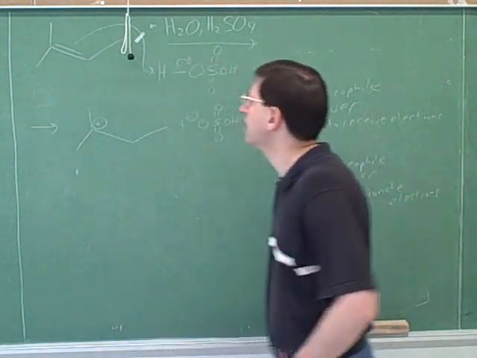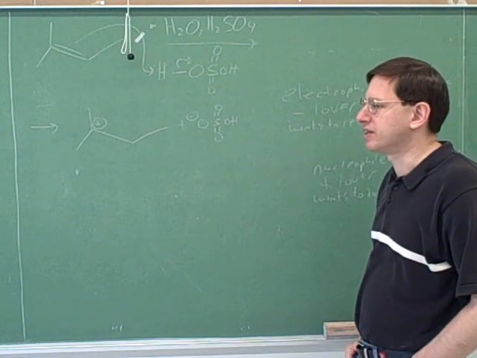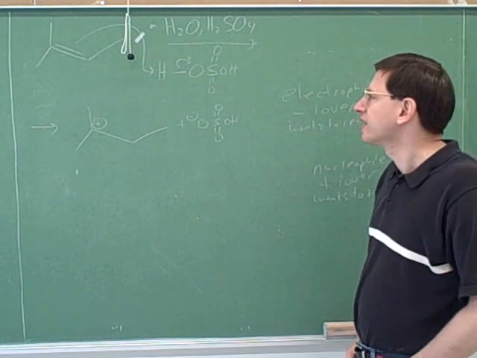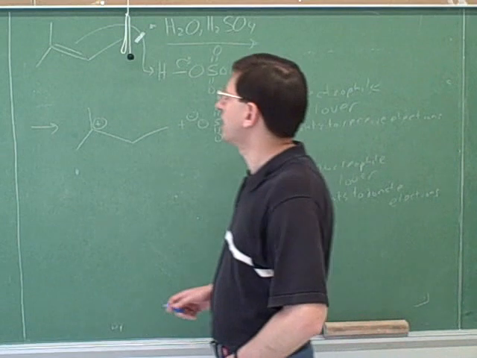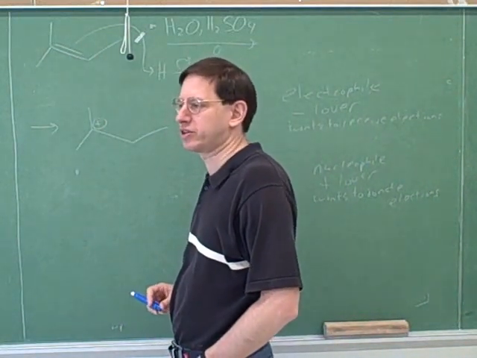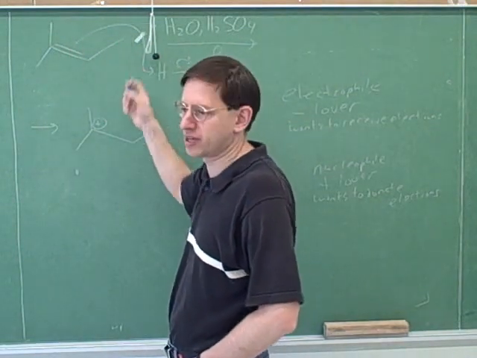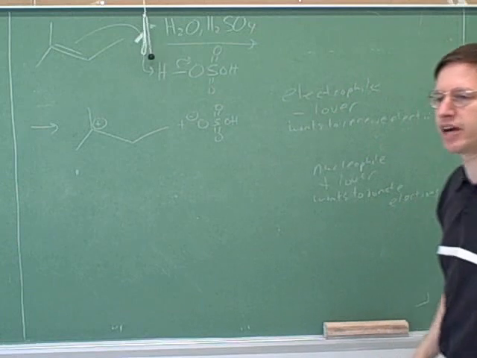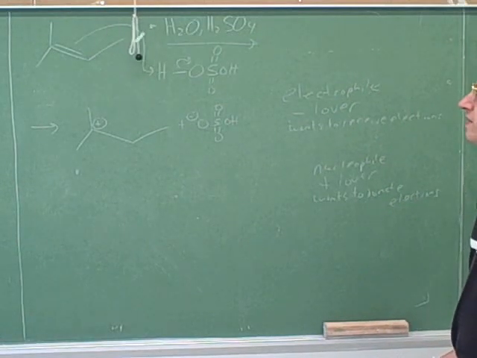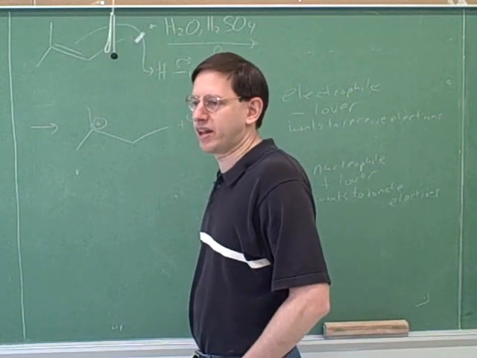We saw last time that we basically just have to memorize that carbon-carbon pi bonds are nucleophilic. The reason for that is that these pi electrons would be happier if they could become sigma electrons. Sigma electrons are more stable than pi electrons, so they want to get out of the pi bond by being donated to a sigma bond. But we can just memorize that carbon-carbon pi bonds are nucleophiles, but also that means they might be basic, because bases also donate electrons.